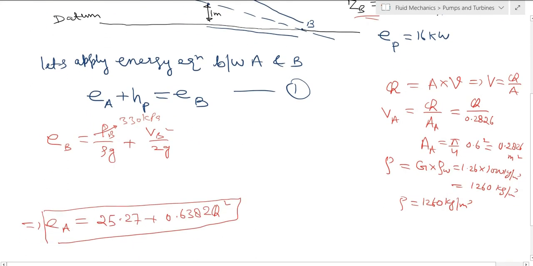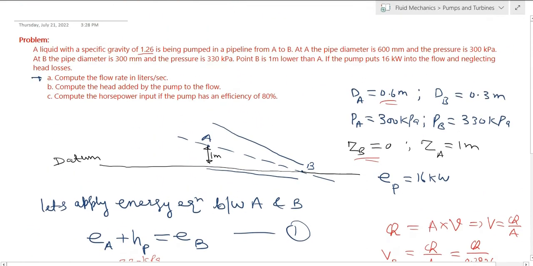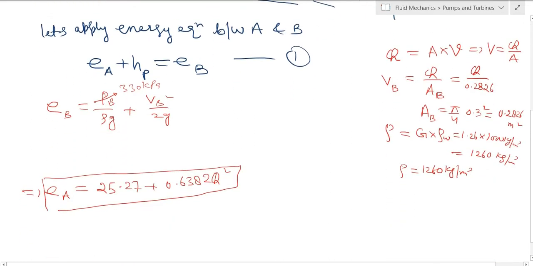Now VB, because V is equal to Q divided by A, VB is equal to Q divided by the cross-section area at B, right? Now the cross-section area at B is how much? Pi by 4, diameter at B square. The diameter is 0.3, so 0.3 square.